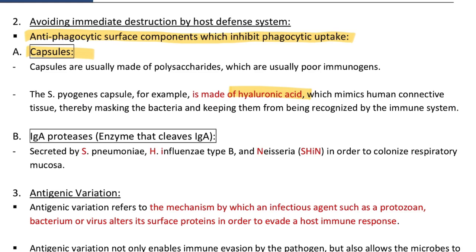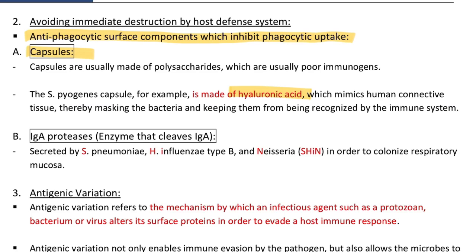We have to use the Quellung reaction to visualize capsule swelling. For management we have to use capsule targeted vaccines like pneumococcal vaccine PCV13, PPSV23 and Haemophilus, and we can give Hib vaccines and meningococcal vaccines.